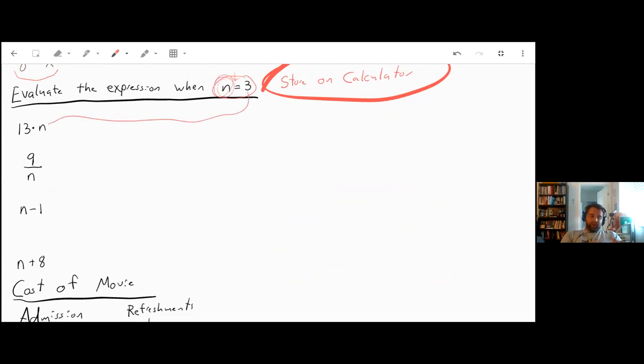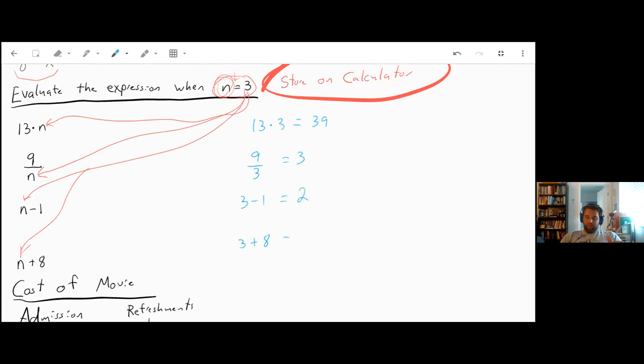So if we want to rewrite those, that would give us 13 times 3, 9 divided by 3, 3 minus 1, and 3 plus 8, which would give us answers of 39, 3, 2, and 11.